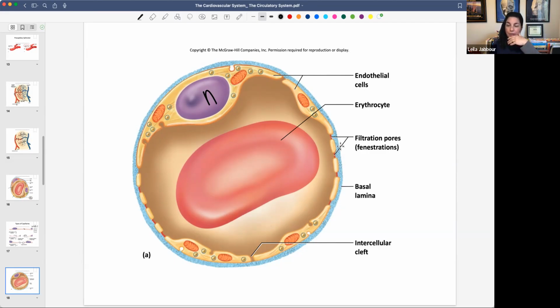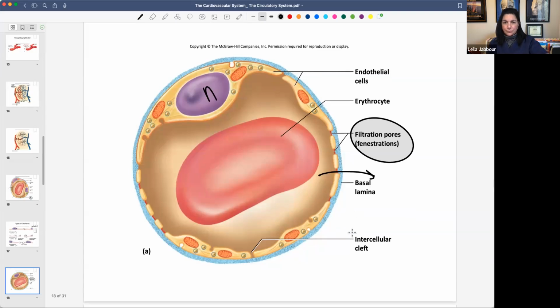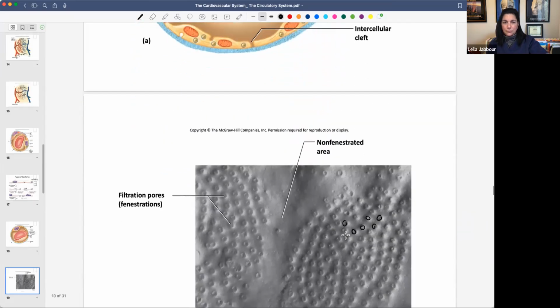So this particular diagram is showing fenestrations. So where you have openings, that allows for things from the blood to go through. Otherwise, you can't just go through unless you're a gas and you can diffuse.